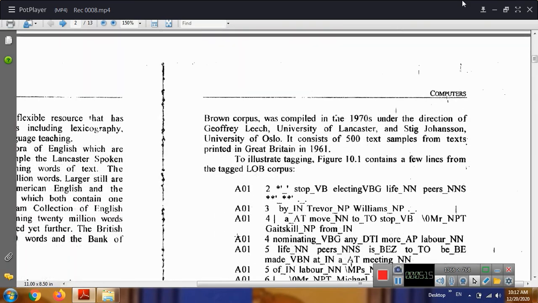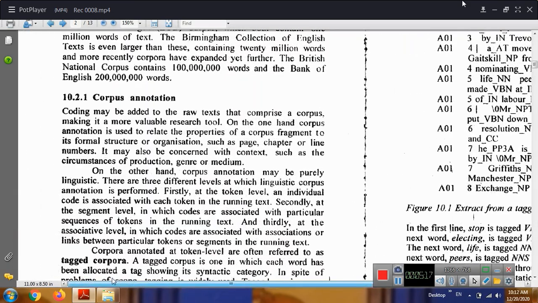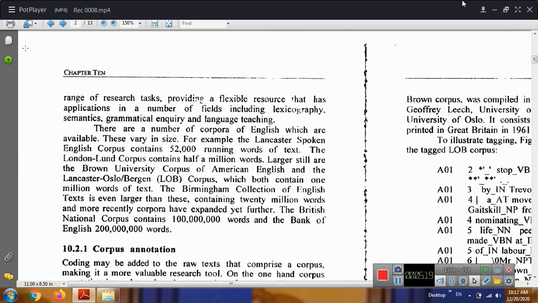Corpora are used today for a wide range of research tasks, providing a flexible resource that has applications in a number of fields, including lexicography, semantics, grammatical inquiry, and language teaching.